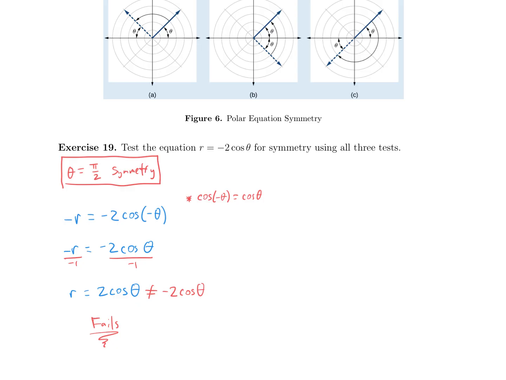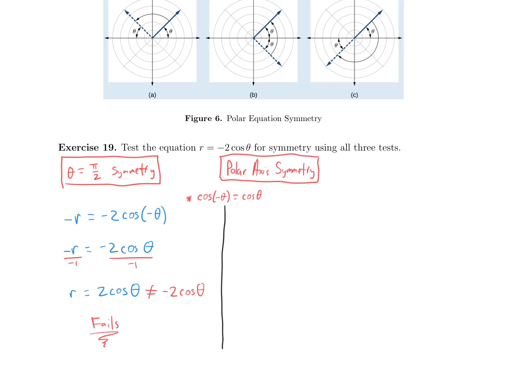Now let's perform the second test to see if there's symmetry over the polar axis, also known as the x-axis. We'll call that polar axis symmetry. For that test, we replace theta with negative theta.